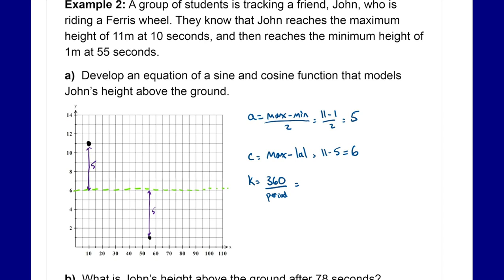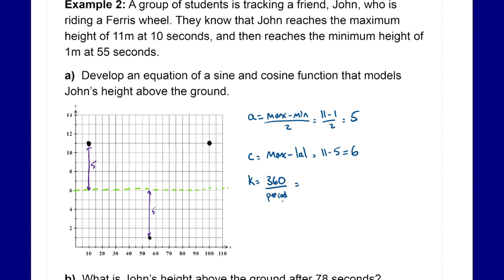So if this is half, then the next one should be another 45, which brings us to 100. From the maximum to the minimum should be about half your period. I can use that to help me determine where the next maximum would be, and I can graph this roughly. I'll do that in a second because I can figure out my k value.